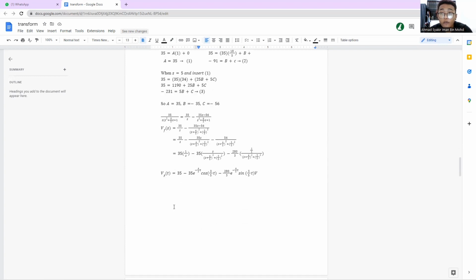So the value for VF(t) is 35 minus 35 e to the power of negative 4 over 5 t cos 3 over 5 t minus 280 over 3 e to the power of negative 4 over 5 t sin 3 over 5 t volt.